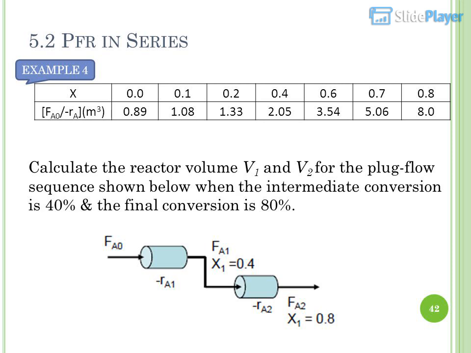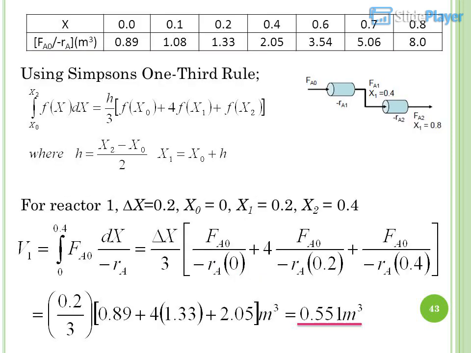FA0/Ra in cubic meters: 0.89, 1.08, 1.33, 2.05, 3.54, 5.06, 8.0. Calculate the reactor volumes V1 and V2 for the plug flow sequence shown below when the intermediate conversion is 40% and the final conversion is 80%. Using Simpson's 1/3 rule.